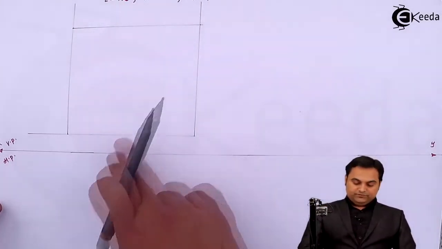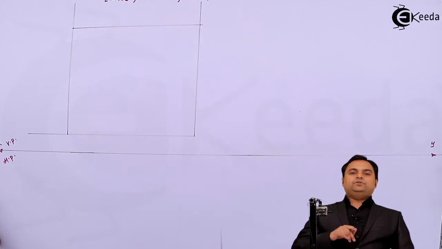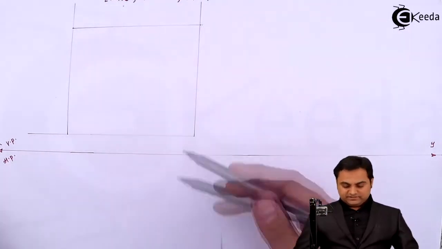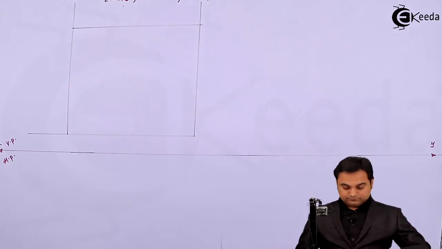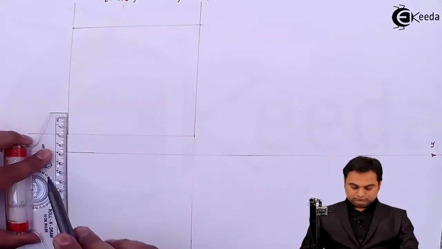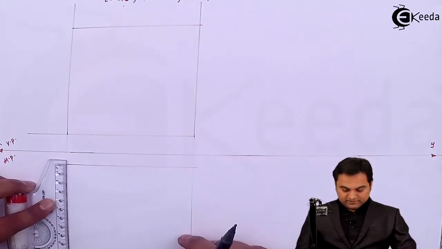Then below the front view there will be the top view, and from the top the height is not visible, length and width are visible. Length is 116, that I'll project down. Width is 70 mm.